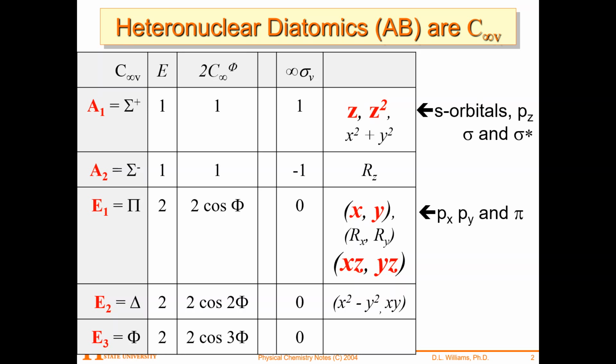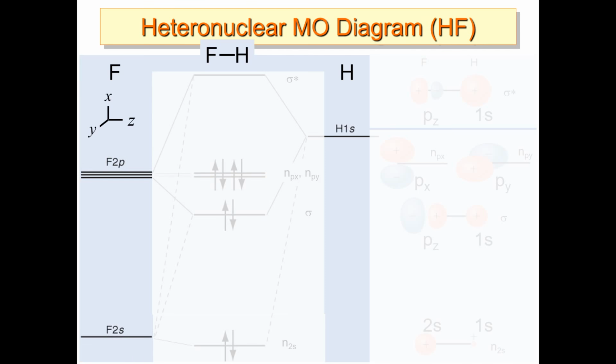And then the DXZ and DYZ orbitals will be E1. The X squared minus Y squared D orbital would be E2, and the DXY orbital would also be E2. And so then also those pi star orbitals are going to have this character, the XZ character and YZ character. So we'll see pictures of all of these today.